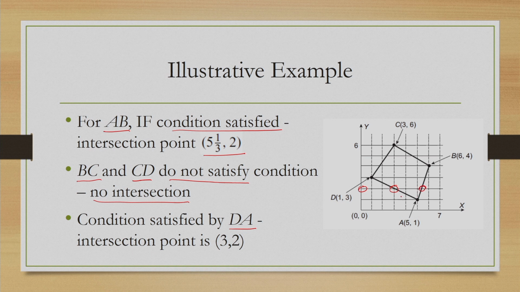So, this is the AB intersection point, this is the DA intersection point, and this DA intersection point we can find to be (3, 2) by using the line equation for the edge as well as the scan line equation. So, this point is one intersection point, this point is another intersection point.